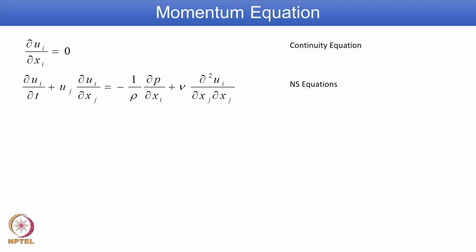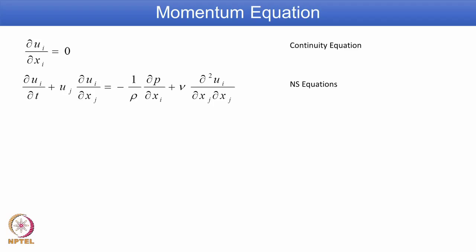Now, the momentum equation in the index notation form is shown here. We already know this as the Navier-Stokes equation: ∂u_i/∂t + u_j ∂u_i/∂x_j = -(1/ρ) ∂p/∂x_i + ν ∂²u_i/∂x_j∂x_j. In this equation, u_i is only one term.